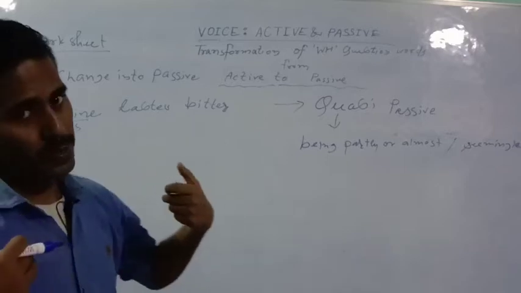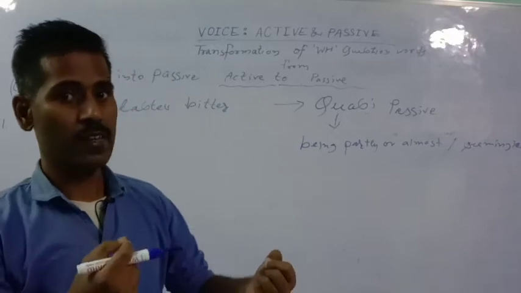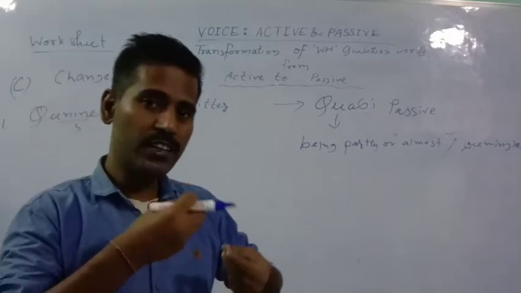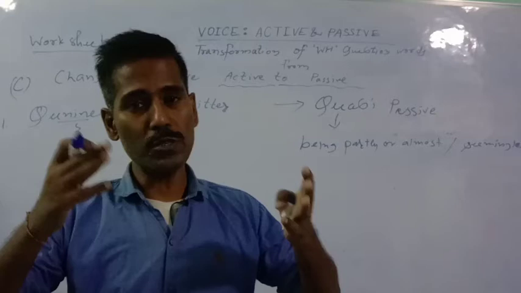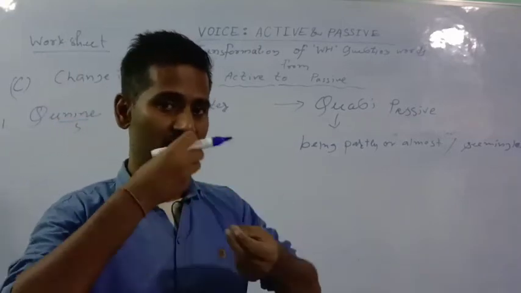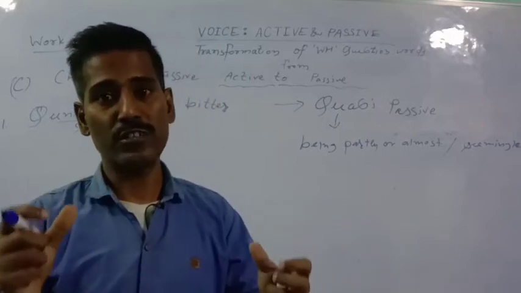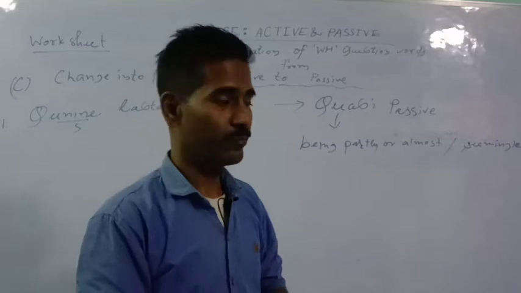But as per the meaning or sense of the sentence, it is passive, because quinine cannot taste itself. There would be someone who has tasted the quinine, and he has realized that the taste of quinine is bitter.